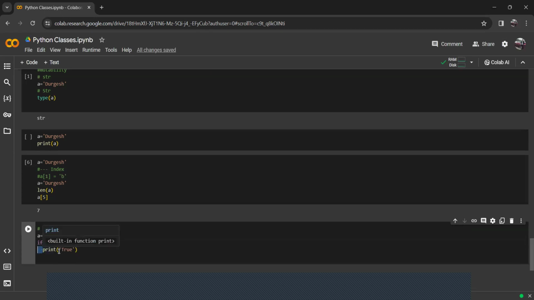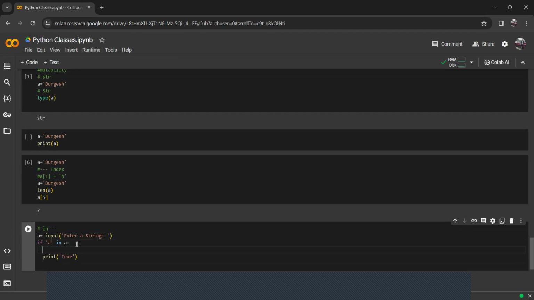Indentation basically means if you are writing a condition or a loop or anything, and you have used a colon, you cannot start from the beginning of the line. You have to give a space, and in Google Colab or Jupyter Notebook, you will automatically get that space. You don't have to add it.